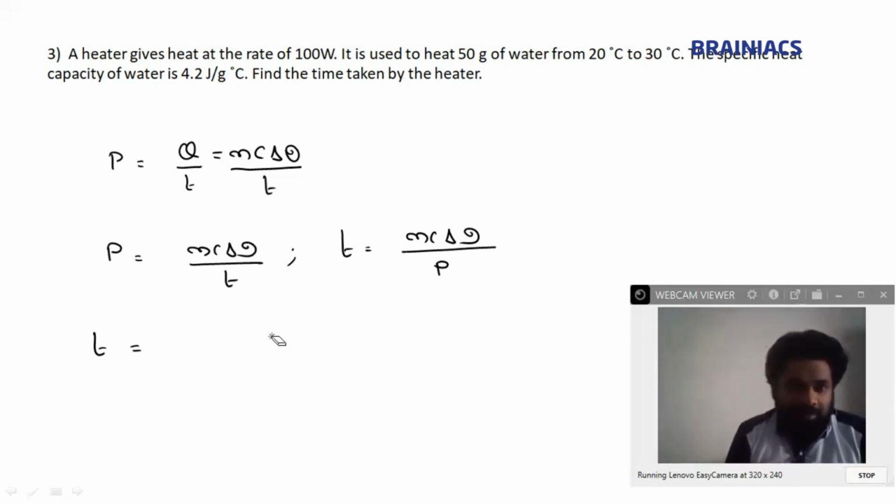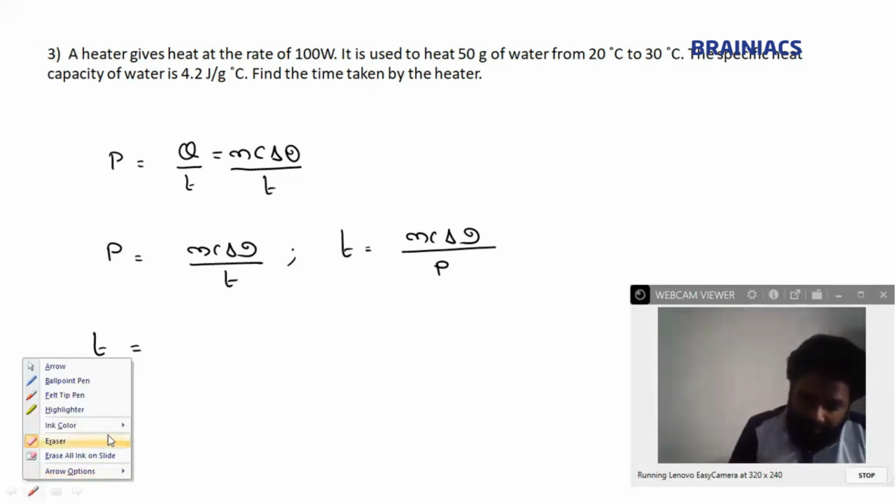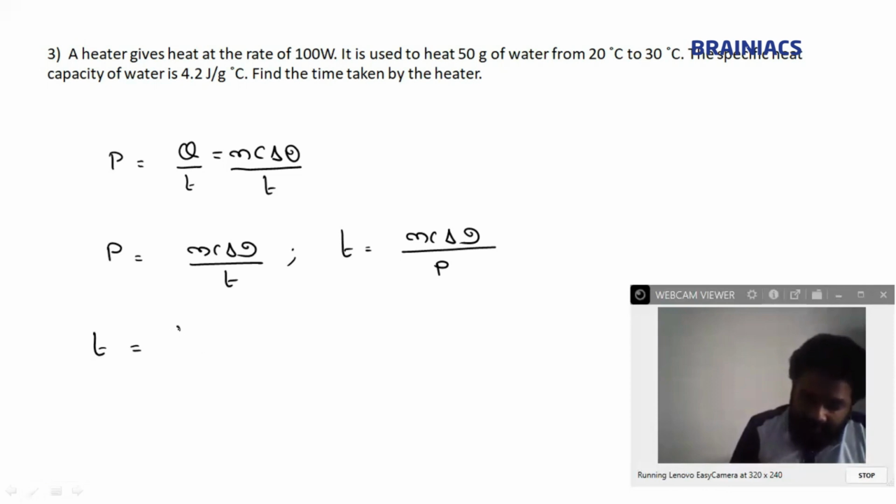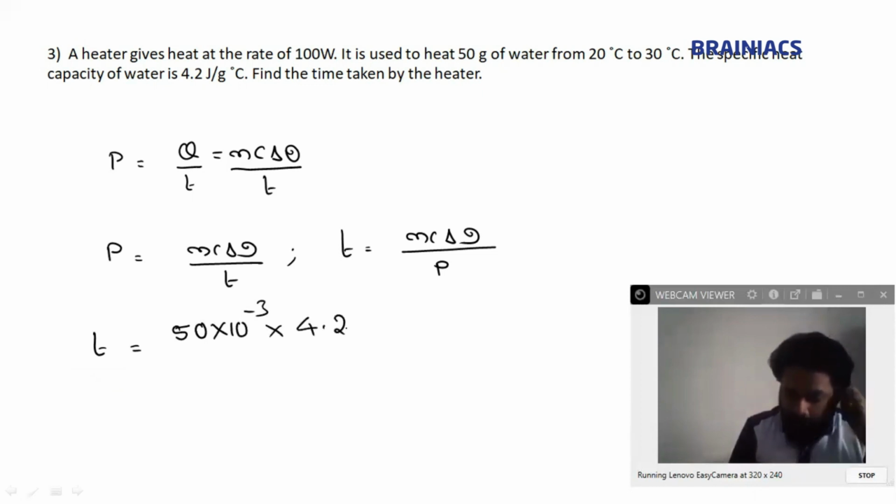Suppose if we need to find mass in kilogram or time in seconds, we need to convert this into SI unit. So mass is 50 gram, so 50 into 10 raised to minus 3 into specific heat capacity, which is given as 4.2.